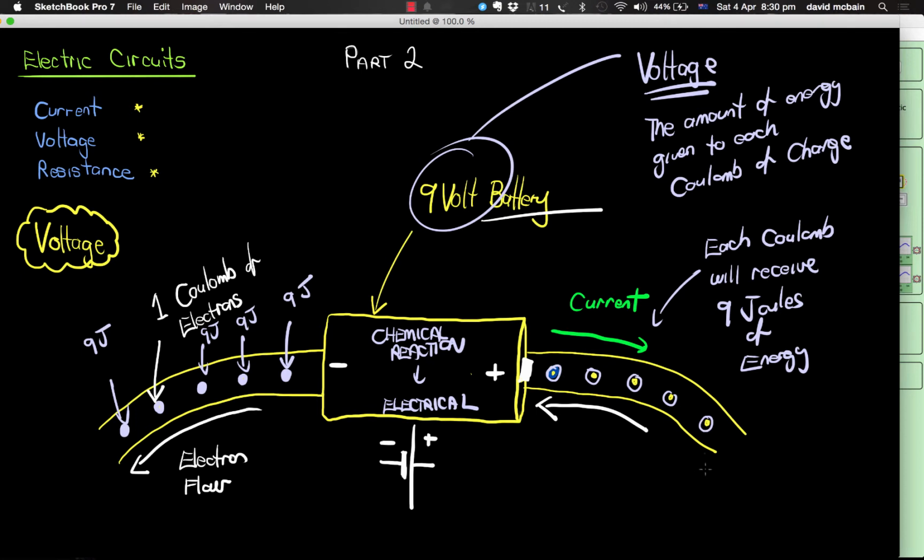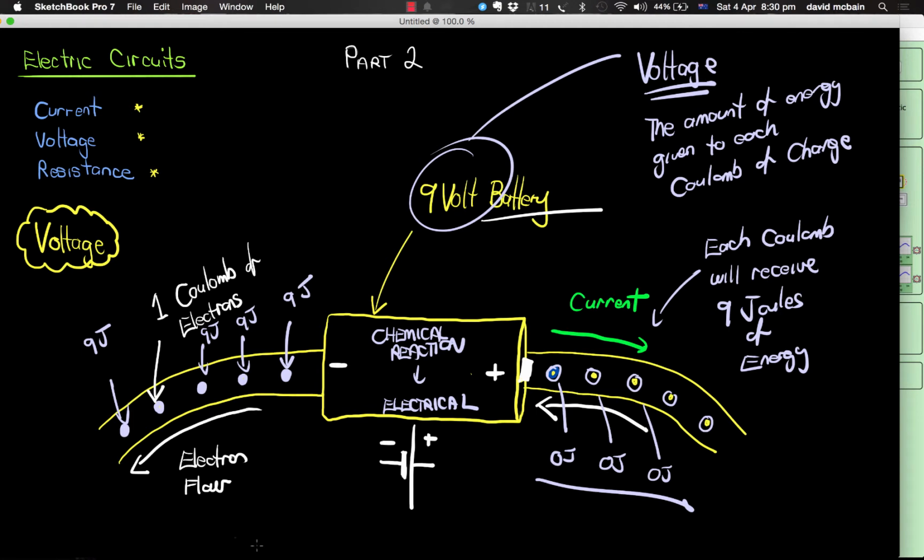These ones here that have returned actually have 0 joules because they've spent their energy. And that's one of the golden rules of electric circuits. Whenever charge returns to the battery to be recharged, it will always have 0 joules of energy left. So it must spend all of its energy as it flows around the circuit, no matter how much energy it's given.